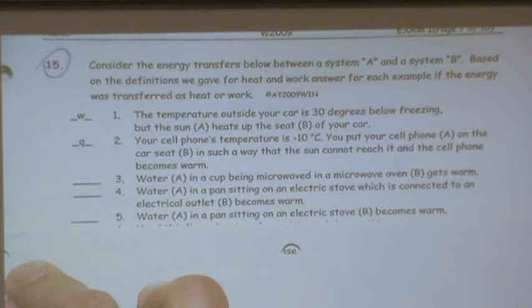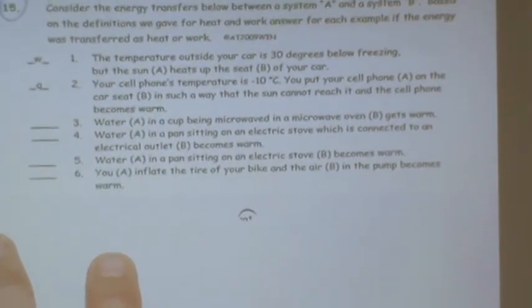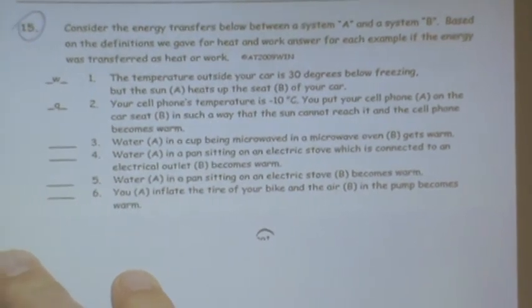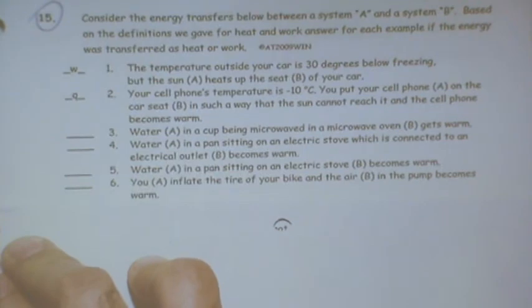W. Hey, you guys don't know? Come on, this is easier. How many people say it's heat? How many people say it's work? Oh, okay, you got it. How about 6? You see, pressure-volume work, right?